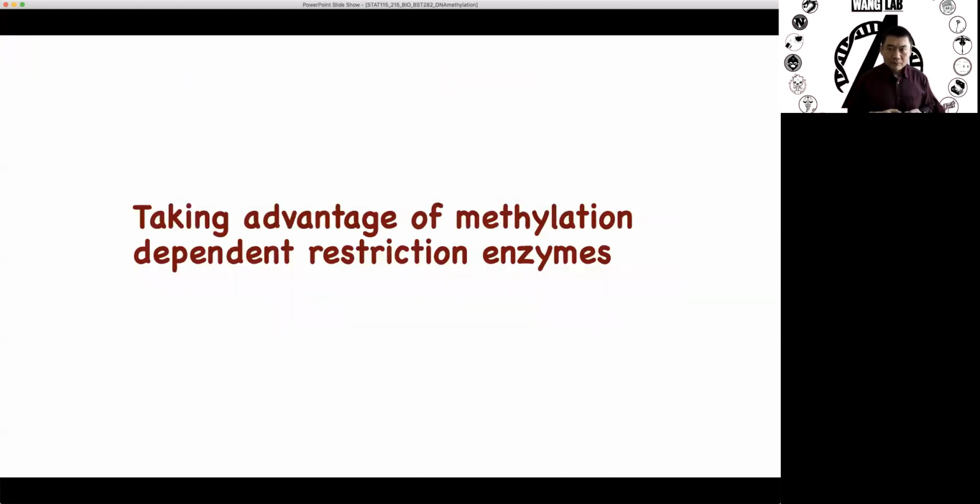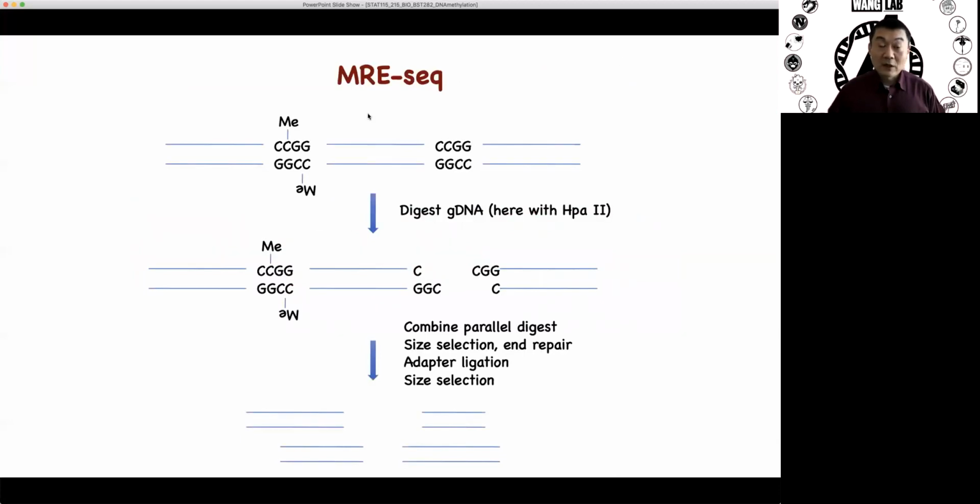Okay. You can also take advantage of restriction enzymes, right? Just like the first experiment I mentioned, rather than running a 2D gel, you can sequence them. That's what's behind the so-called MRE, or methylation-sensitive restriction enzyme-based method. Again, you have an unmethylated cytosine in a restriction enzyme recognition site, and a methylated cytosine.